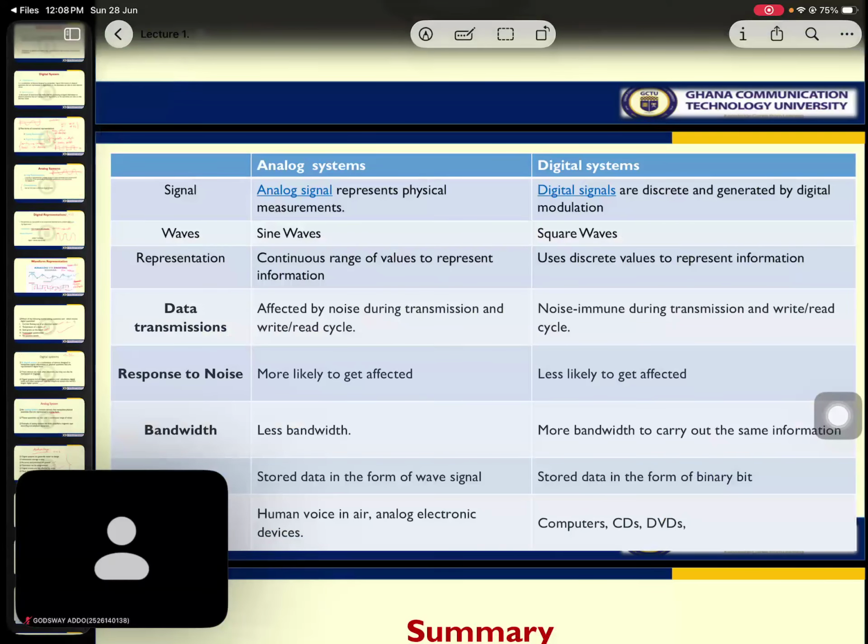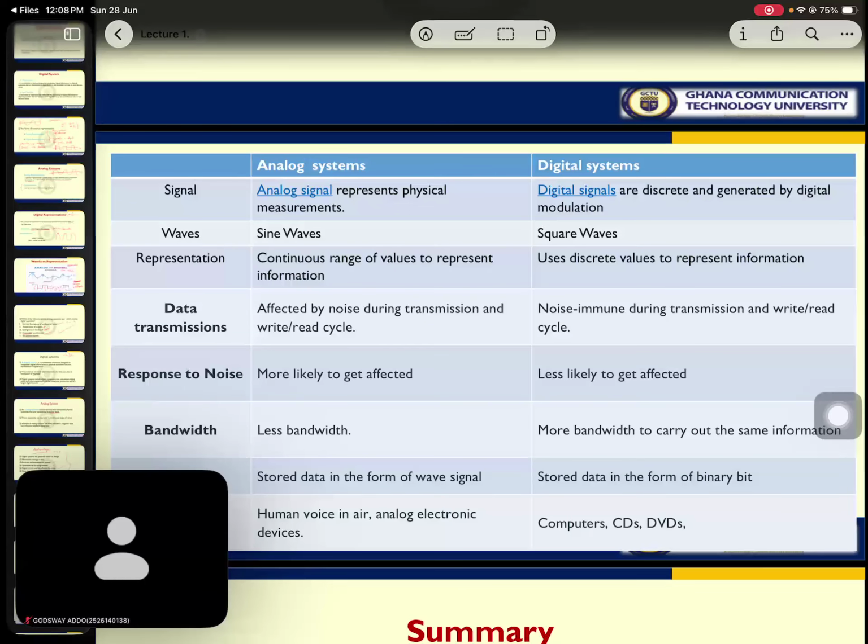So up to this point, the key message I'm trying to proclaim is that analog systems use continuous signals, while digital systems use discrete values. Digital systems are more suitable for modern computing because information can be stored, processed, you can program the information, and you can also transmit it more reliably.